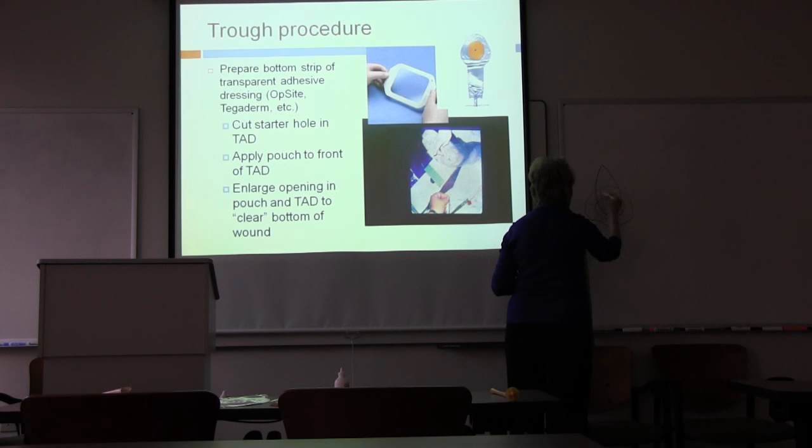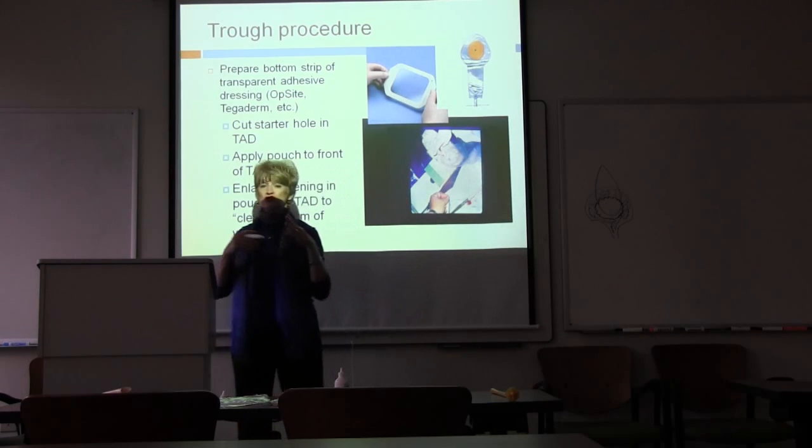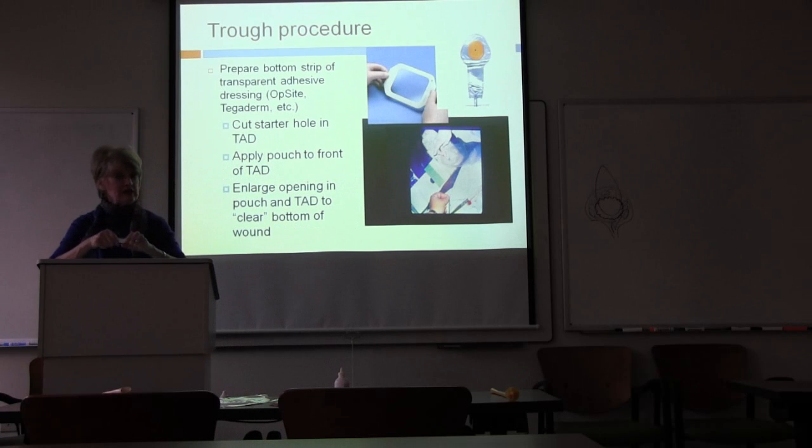So here's my pouch. And the hole in my pouch clears the base of the wound. And that's just to assure free drainage. And again, if this is making zero sense to you, don't worry too much because you're going to get to do it, and that's when it's going to make sense.